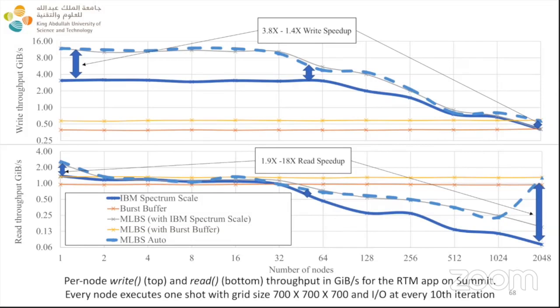Two, that writing to the burst buffer could bring you more I/O throughput, especially when we have more than 1000 compute nodes trying to write to the parallel file system. Three, reading from the burst buffer starts to make sense when we have 32 or more compute nodes trying to read from the parallel file system.